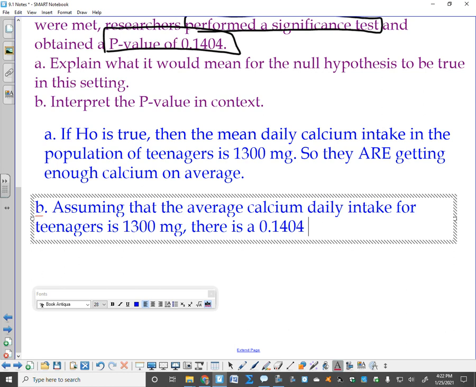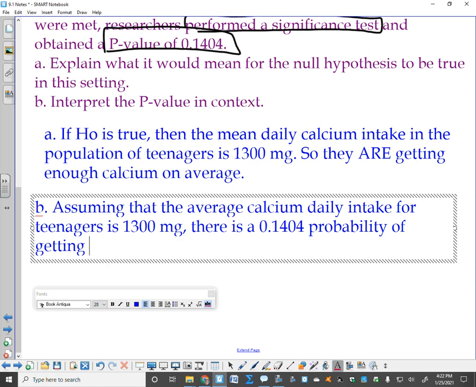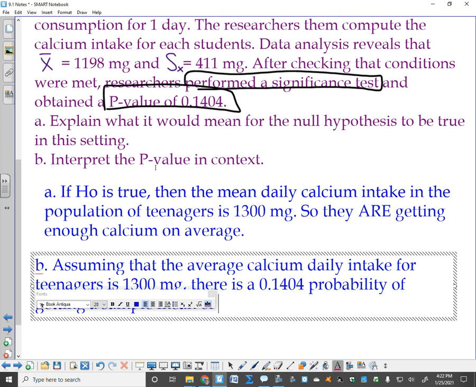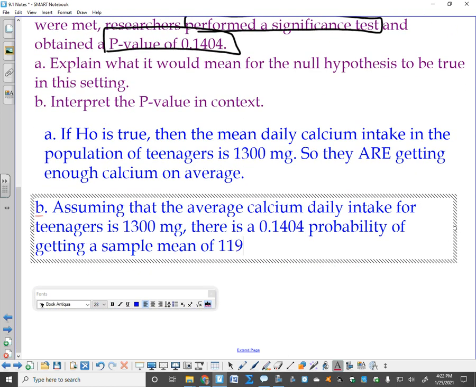Okay, so there is a 0.1404 probability of getting a sample mean of, okay, now what was our sample mean? Our sample mean was 1198 milligrams or less, because remember our alternate was less than.